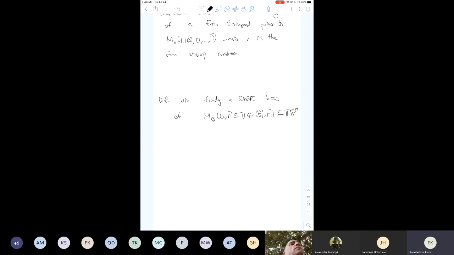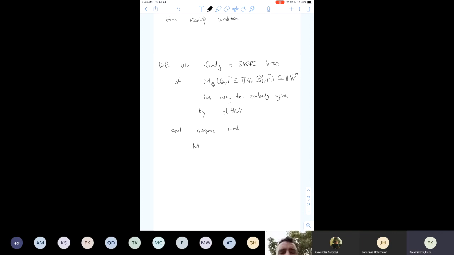And so this is the embedding given by the vector bundles W_i. And so then you compare this. So the SAGBI basis, once you found one, gives you a toric degeneration, and you can compare it with the image of the map of the ladder quiver inside the same product of projective spaces.